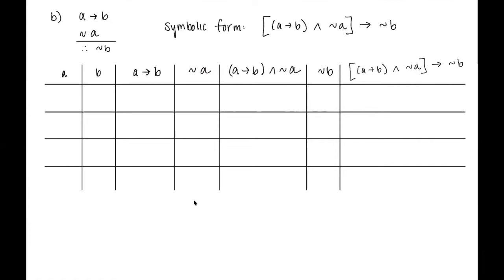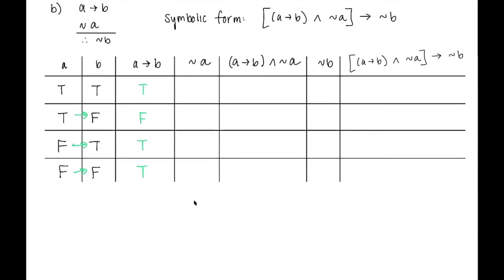So I start with my same values: true, true, true, false, false, true, false, false. I want to do A to B. So I'm not going to write them all here, but basically I'm putting an arrow in between each of these. This is my bad case. Everything else is going to be good.